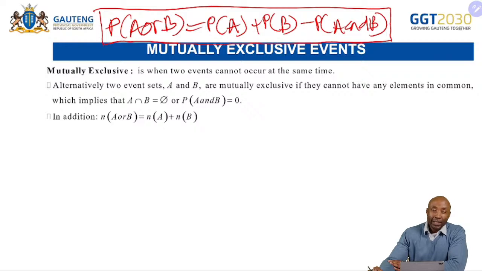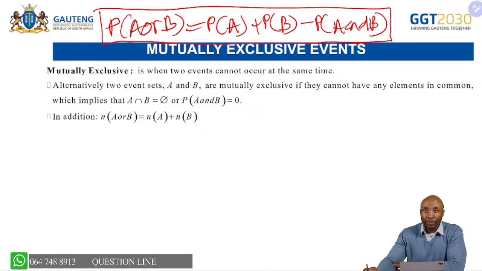There is no intersection at all, meaning our set for A and B should always be 0. The number there should be 0. The probability should be 0 if we are having A and B as events or P and Q as events. It should always be 0 because there is no intersection.